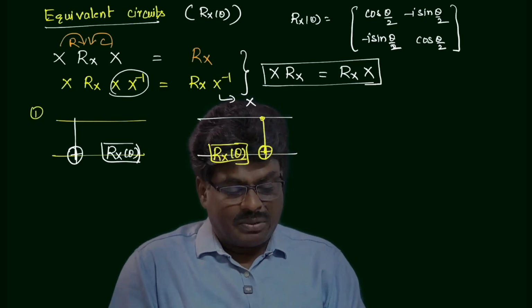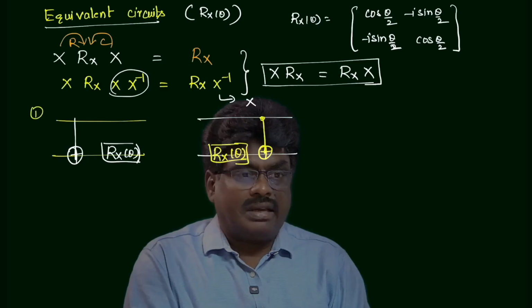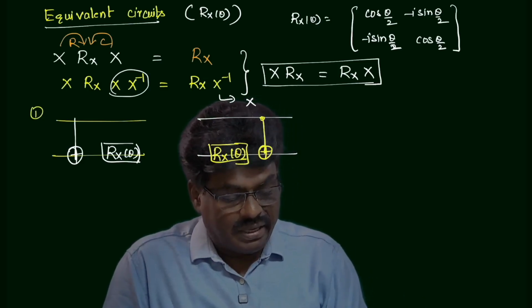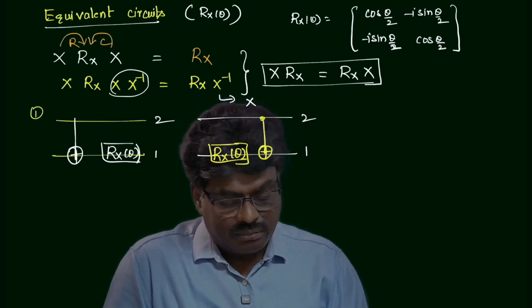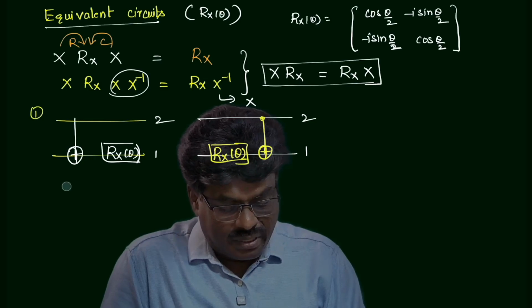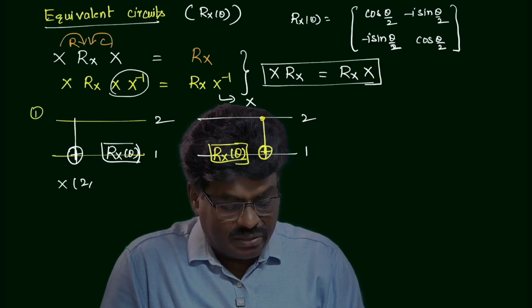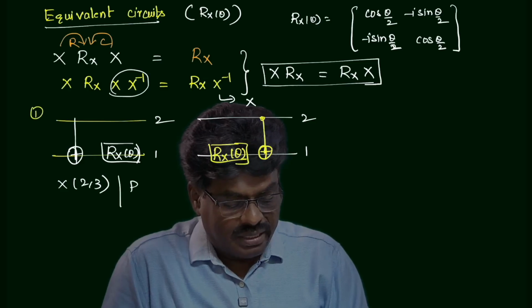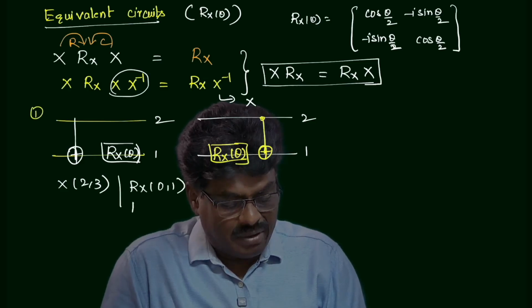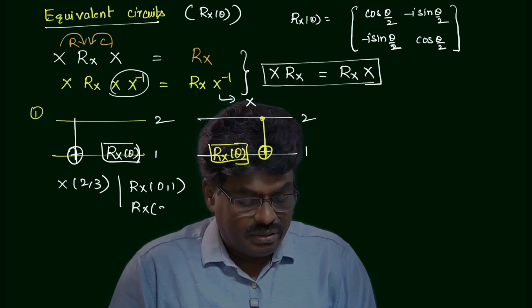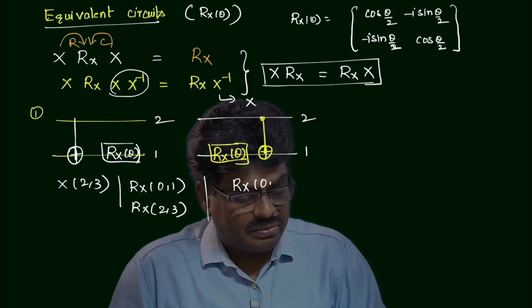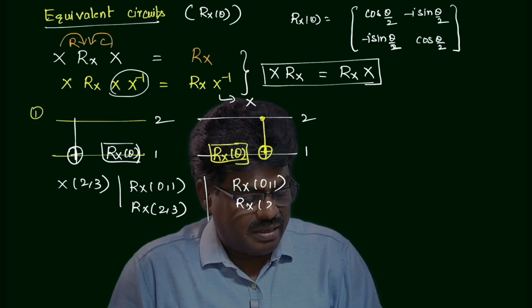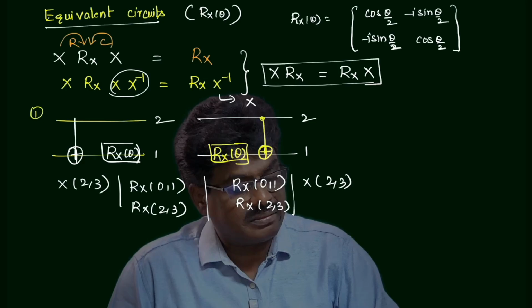So just observe x Rx and Rx x. And how to check? By using our technique. This is 1 2 1 2. First one, left to right, x of 2 comma 3, and after that Rx of 0 comma 1 and Rx of 2 comma 3. Next Rx of 0 comma 1 and Rx of 2 comma 3 and x 2 comma 3.